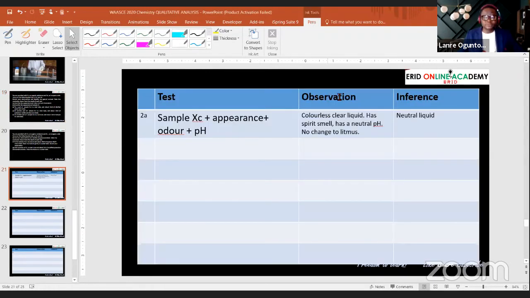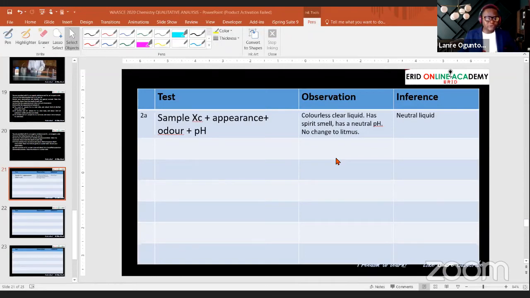This is your question 2. For your table of results, you have your test, your observation, and inference. Your tests will be filled from your question. So you go back to the question, and from every statement in the question, you are going to have your tests.